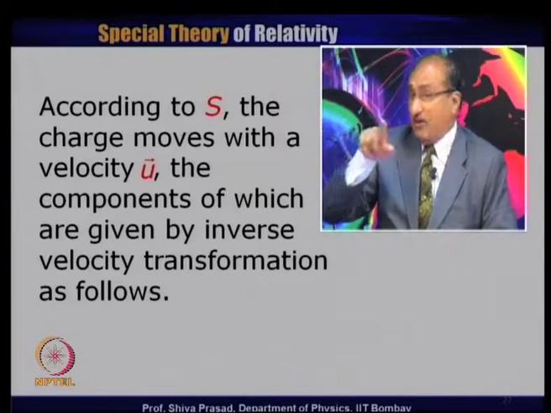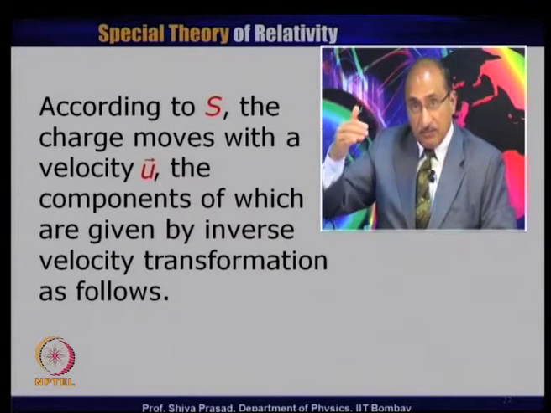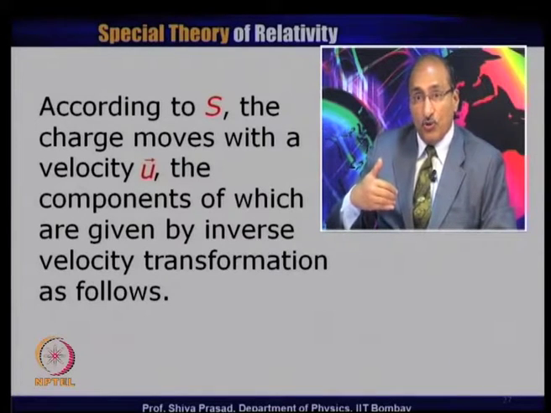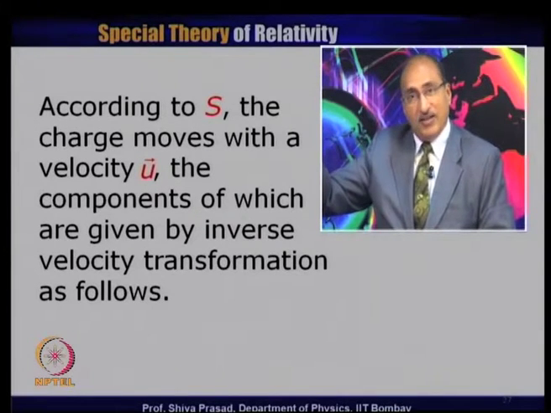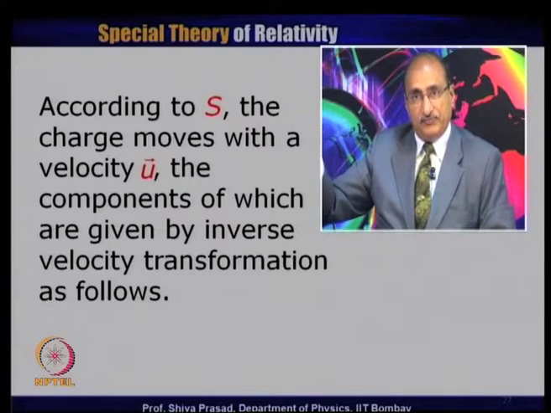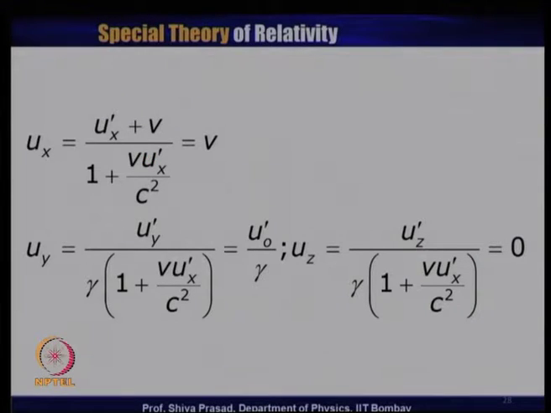If I use the inverse transformation equation, I can find the x, y and z components of u, once I know the components in the S prime frame of reference. So, let us do that first. These are the inverse transformation equations. The x component is ux prime plus v divided by 1 plus v ux prime by c square.